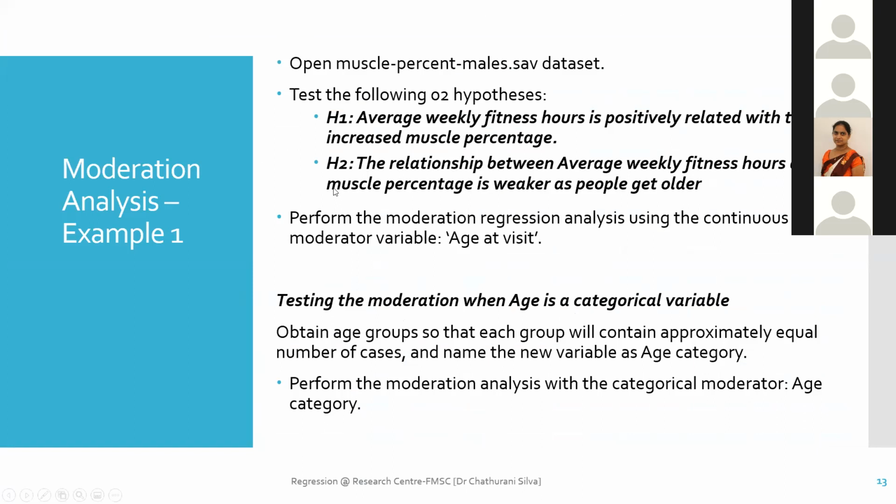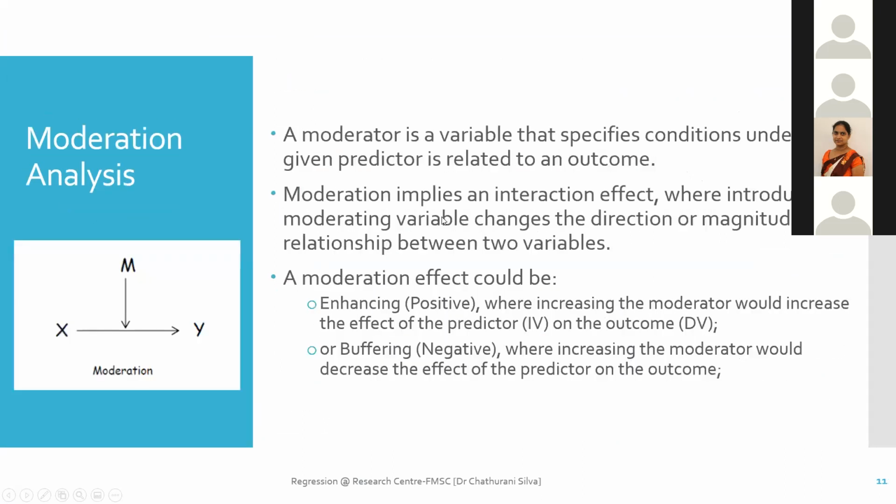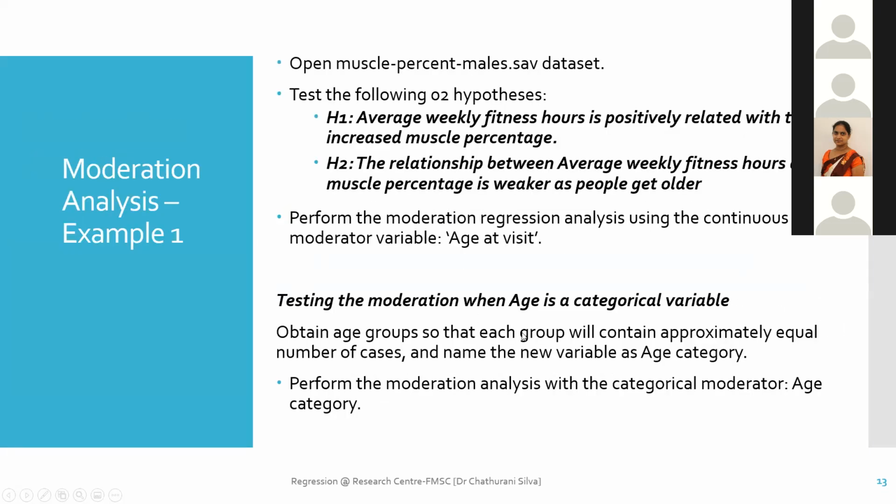If you have a continuous moderator variable, there is no need to categorize it and do some multiple group comparison, because there is no point if your data is there as a continuous variable. But sometimes we have categorical variables like industry, country, age group. Then we have to do the analysis with the categorical variable. But I am using the same dataset to do both for your understanding.